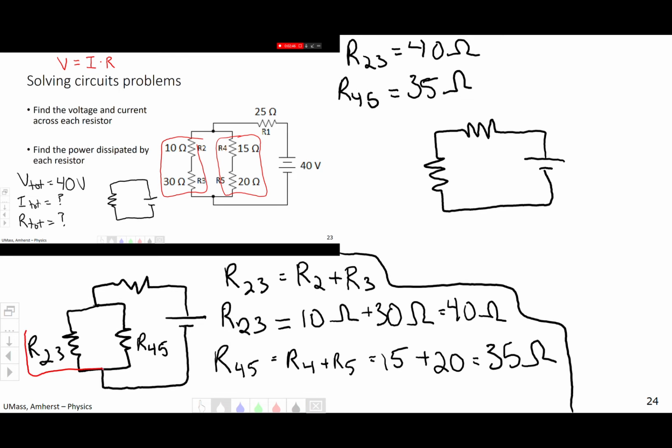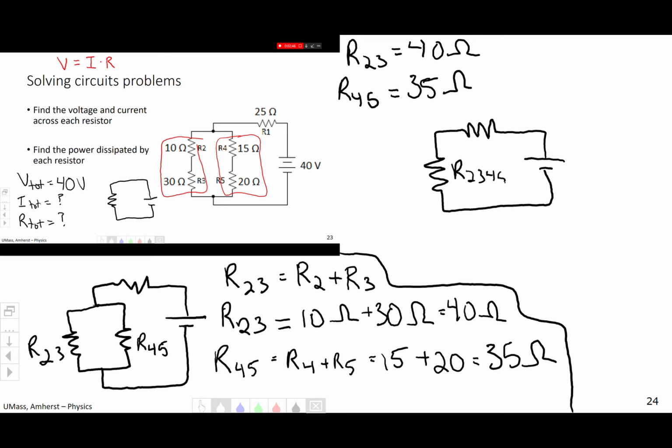Well, we are taking resistor 2, 3, and resistor 4, 5, and we are combining them into this equivalent resistor. So we are saying that these two, which are already equivalent resistors, are now going to be made into a third equivalent resistor. And we're going to take these two that are in parallel, and we are going to figure that out.